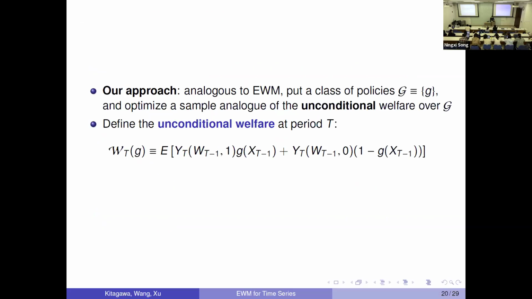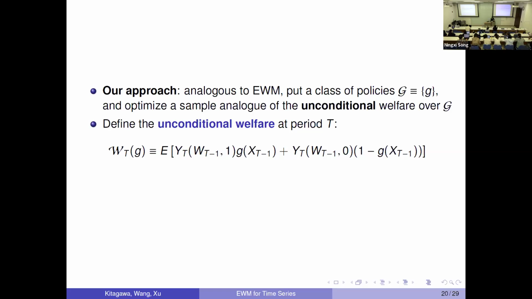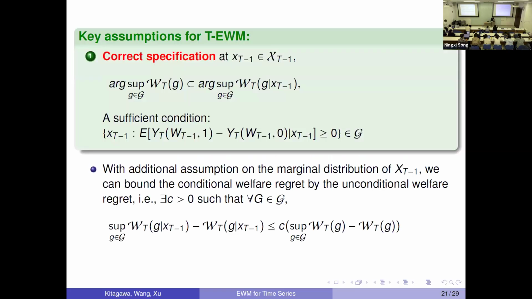To do a similar derivation, we need some more assumptions. Basically, we define the unconditional welfare, which is the welfare without imposing a condition. And this is the key assumption for this case: we assume correct specification, which basically says that the maximizer of the unconditional welfare is also the maximizer of the conditional welfare.